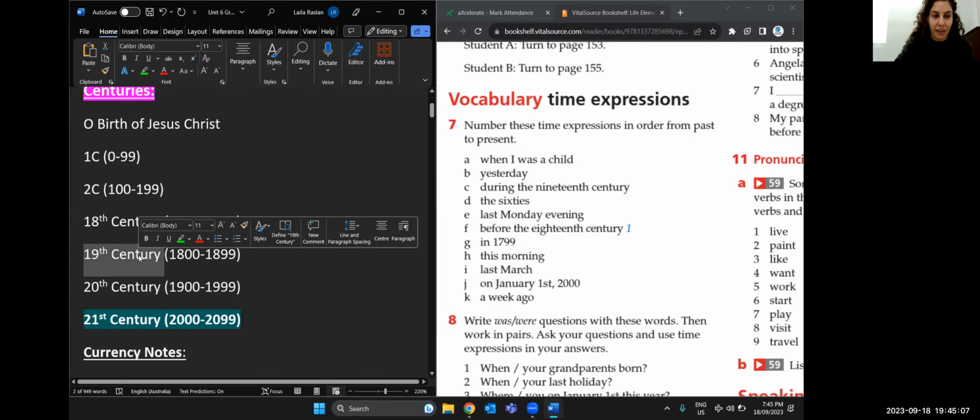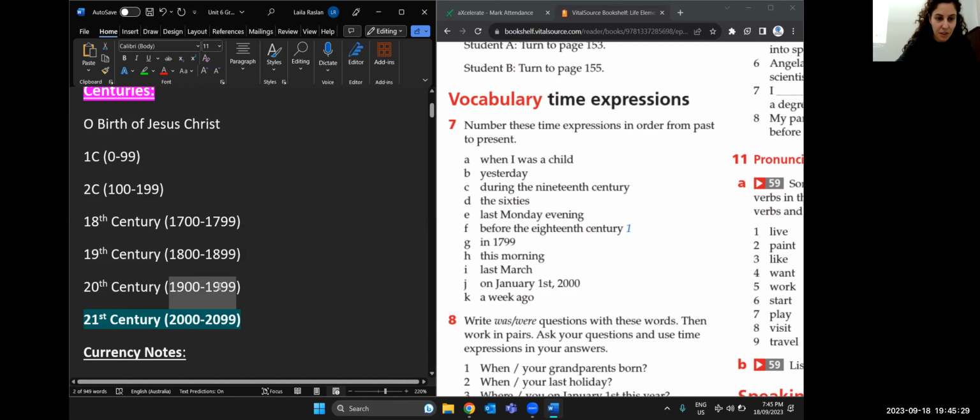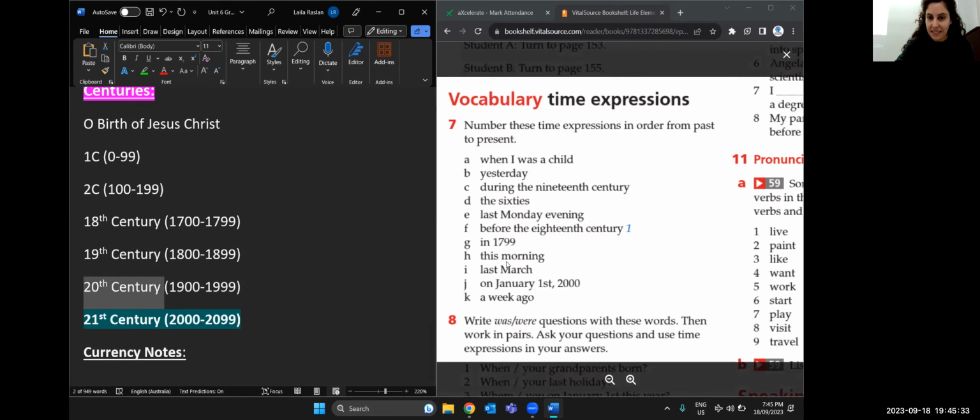So we went from before the 18th century, and now the 19th century. C, during the 19th century. What comes after that in time? The 60s. Yep, because that's in the 20th century. So we've moved to the 20th century, the 60s. That's number 4. So 4 is D.